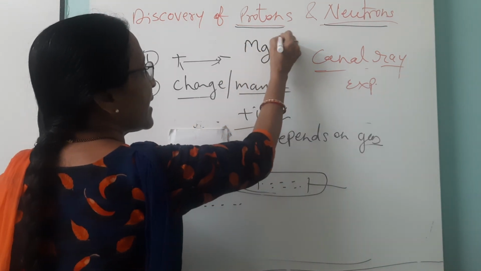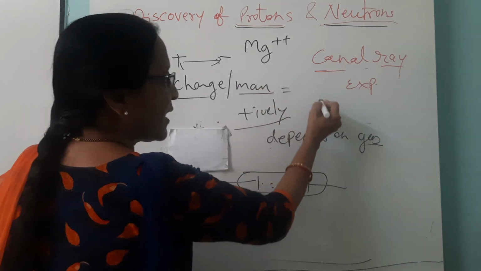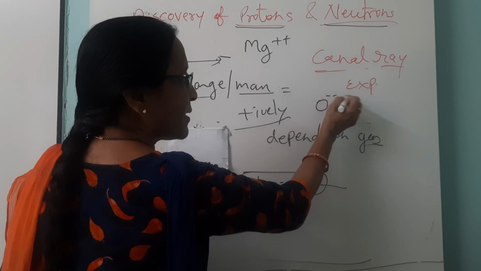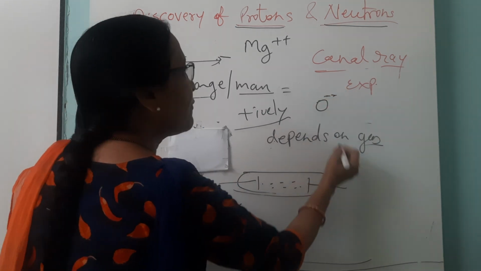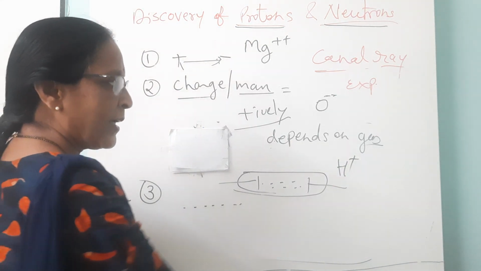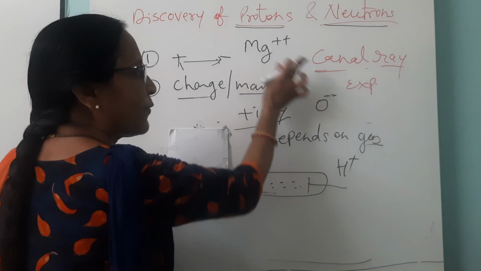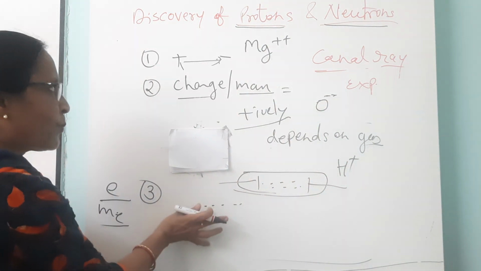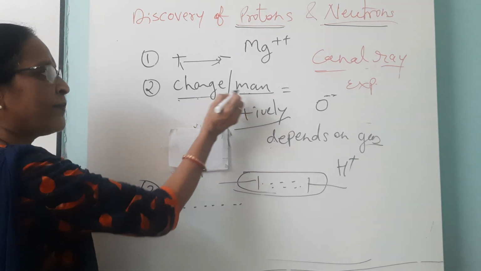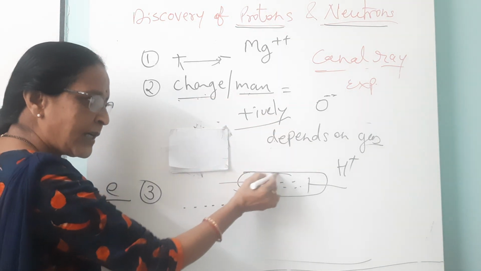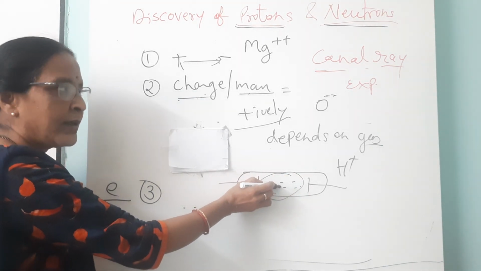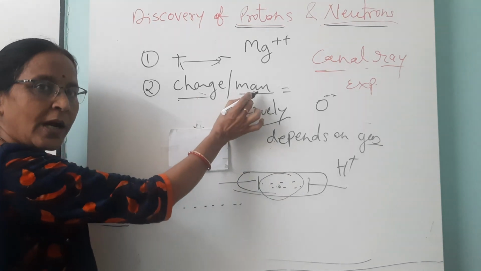Some of the ions are bivalent ions. In the case of gas, if I take oxygen it is negative, but if I take hydrogen it is H plus. So multiple different fundamental charges are possible. Therefore, in the case of the proton, the charge upon mass ratio depends on the material of the gas taken, and the value will come accordingly.